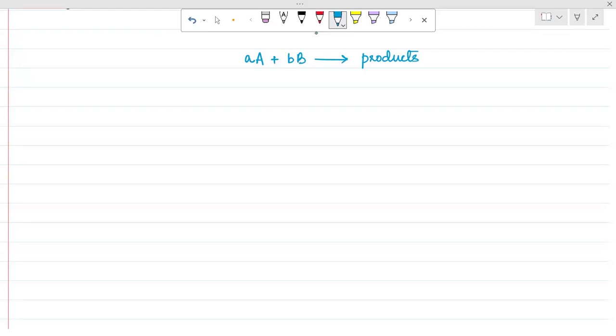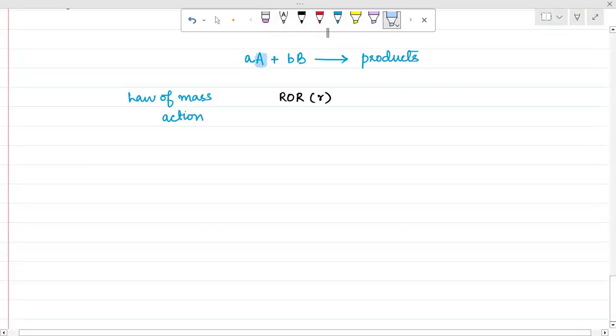Okay. So according to the law of mass action, the rate of the reaction is written as small letter r. Okay. So the rate of the reaction can be expressed in terms of the reactants. Who are the reactants? A and B. And how do we write it?